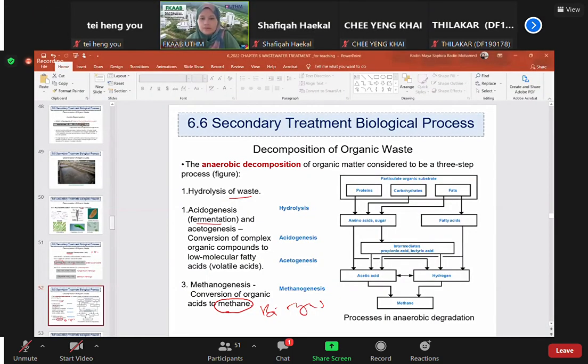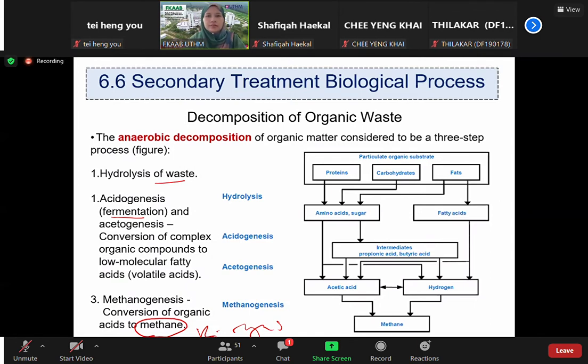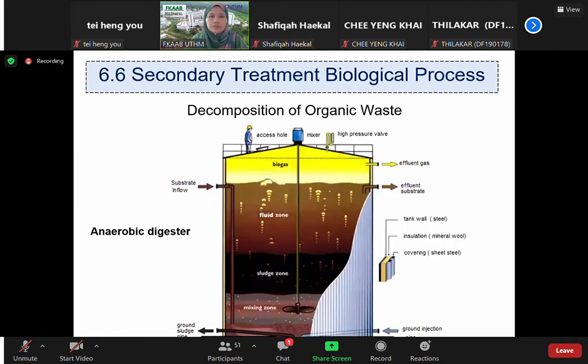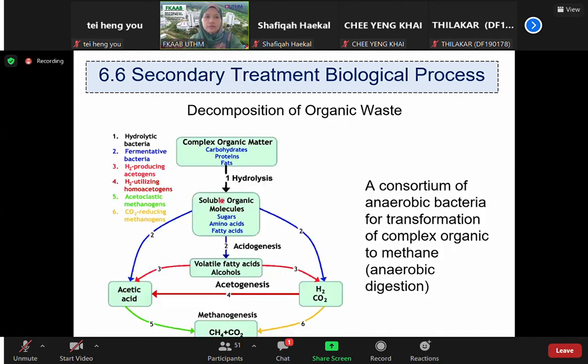Okay, that's the information on biogas. Nanti saya akan tengok, there are a few videos I can share in author. So this is the process of the biogas or anaerobic digester to decompose organic matter, which finally produces biogas.